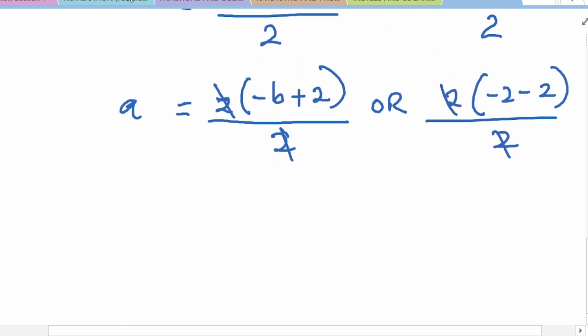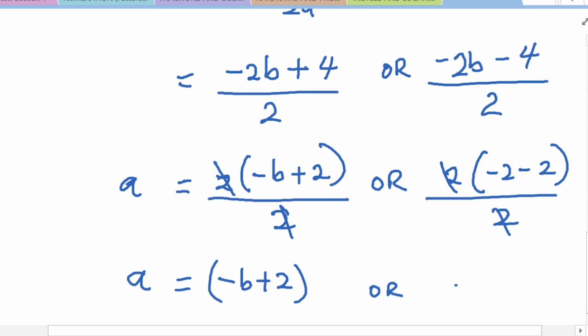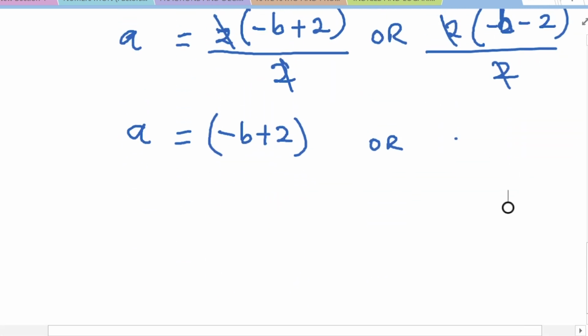When those 2 cancel, you will end up with my value of a is negative b plus 2, or my a is negative 2b, or it's negative b minus 2.